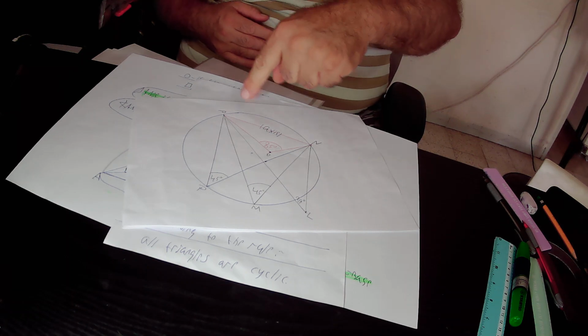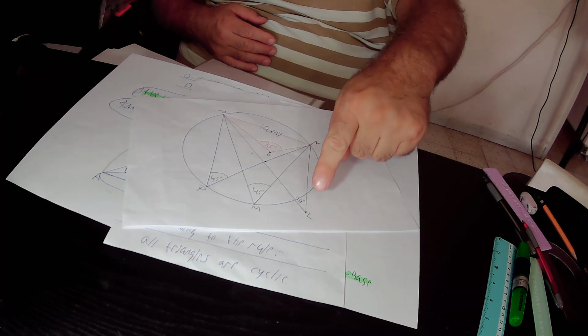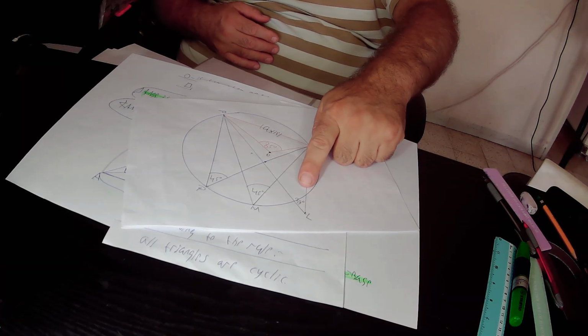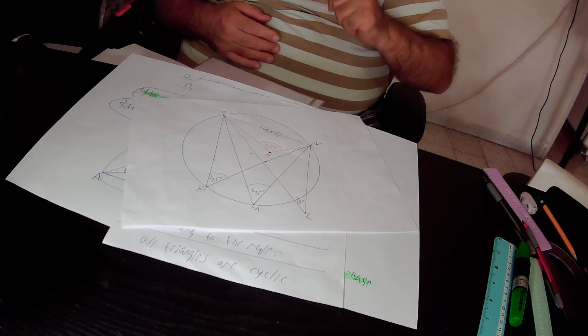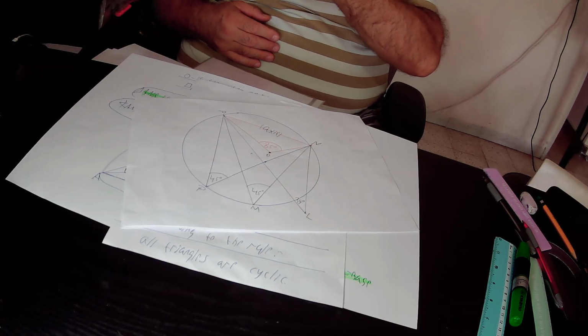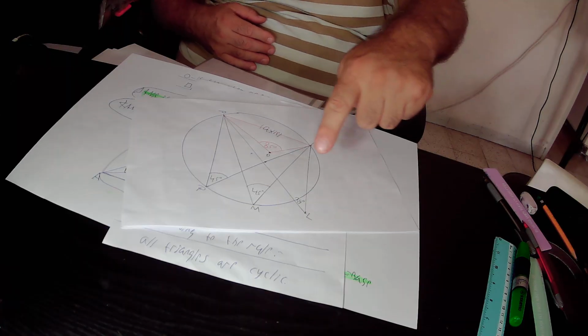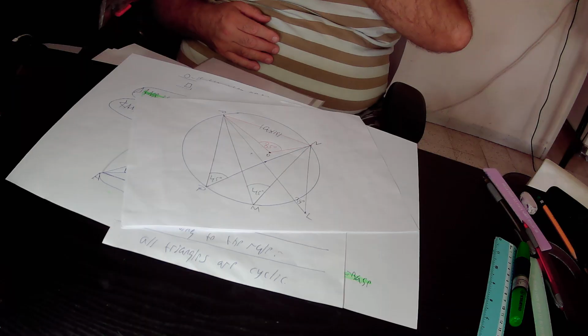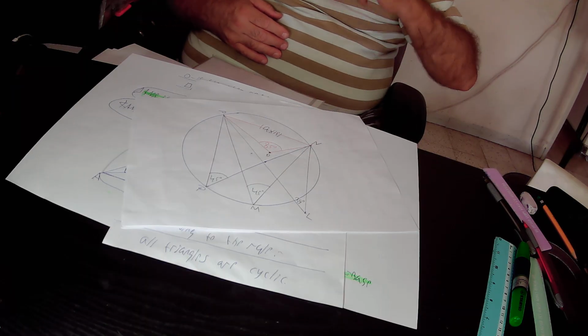Like this angle PLN, whose vertex L is outside this circle, this is equal to 39 degrees in its size, that is less than 45 degrees. So I can say in general that all the angles whose vertices are outside this circle and subtend on chord PN will be less than 45 degrees.